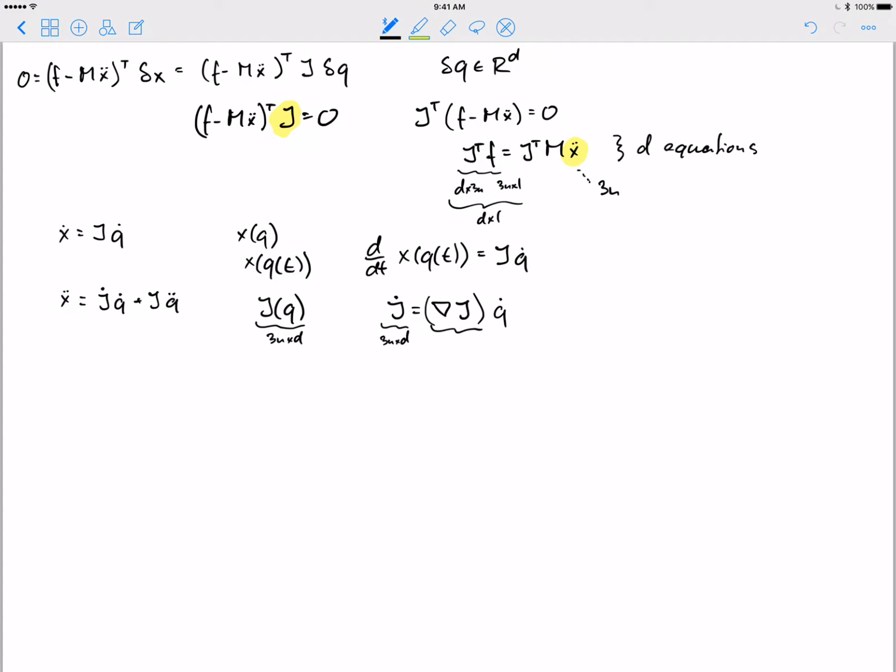But when I differentiate the 3n by d matrix by the d generalized coordinates, this gives me a 3n by d by d tensor. The tensor immediately disappears because I'm immediately contracting it with a d by 1 vector, so all in all I get back a 3n by d dimensional matrix. Does that make sense?